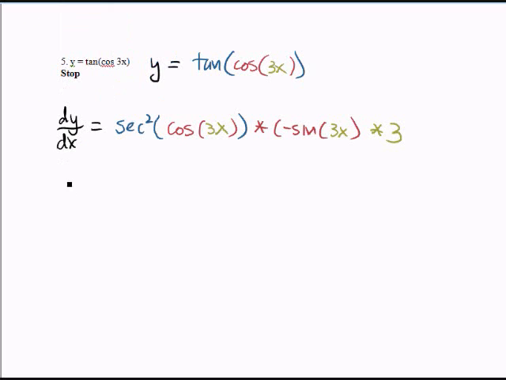So we rewrite our answer. Negative 3 sine 3x times secant squared cosine 3x.